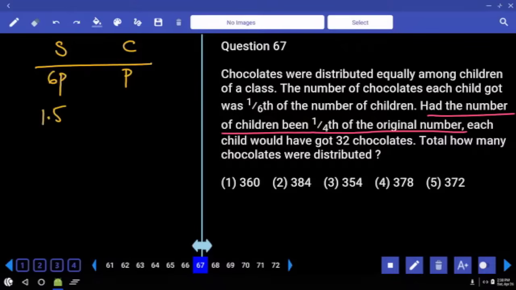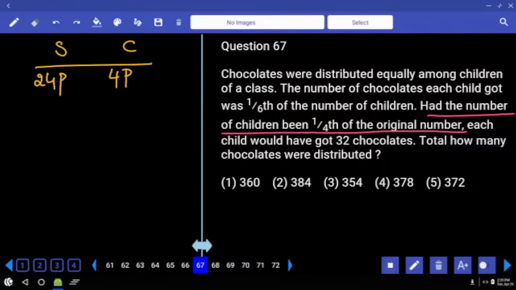Had the number of children been 1/4 of the original number, 1/4 of this number, I don't want to use decimal here, so instead what I would like to use is, in place of 6, I'll multiply 6 with 4, it becomes 24 and it becomes 4.